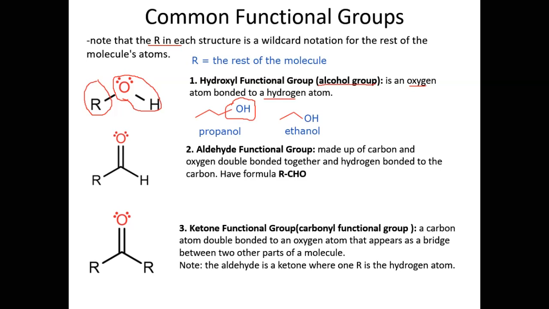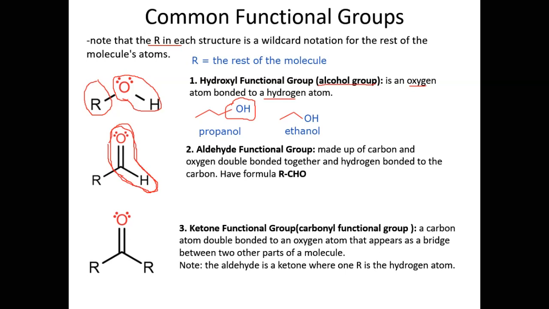The next type of functional group we're going to talk about is an aldehyde functional group. An aldehyde functional group is always at the end of a carbon chain. It can't be in the middle because it has what we call a carbonyl group, which is a C double bond O and an H. So this is the unique component for an aldehyde.